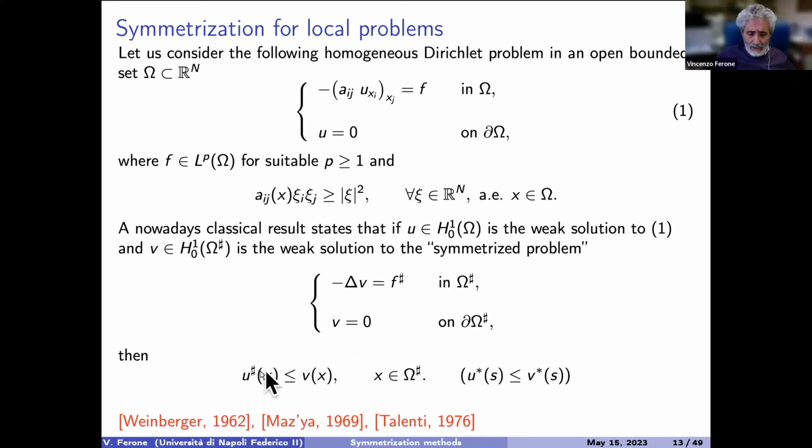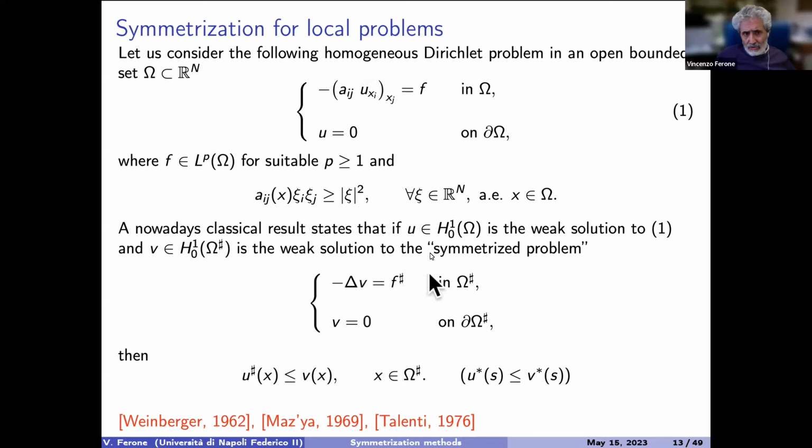So once we have this inequality, because of the properties of rearrangements, any norm of u can be estimated in terms of any norm of v in a very direct way. And I have to say that also the energy of u can be estimated in terms of the energy of v. I will come back to this later.